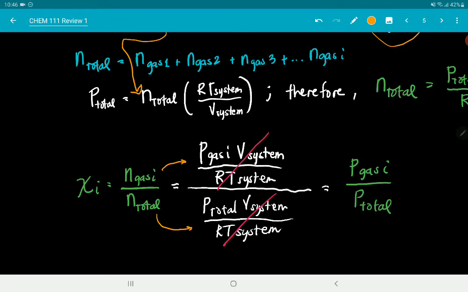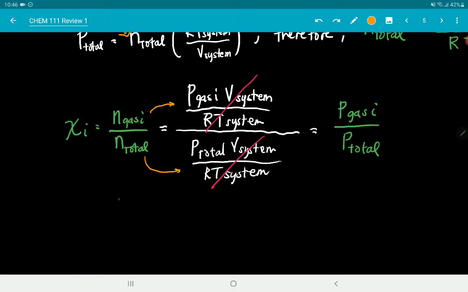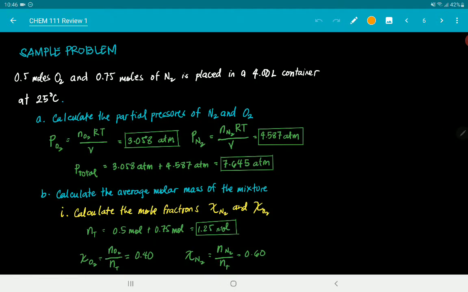So, pag nag-cancel sila, it will just be equal to P gas over P total. So that's for your mole fraction. So therefore, the mole fraction of I is equal to the pressure of component I over the total pressure, which is also equal to the number of moles of component I over the total number of moles. So that's for the mole fraction.